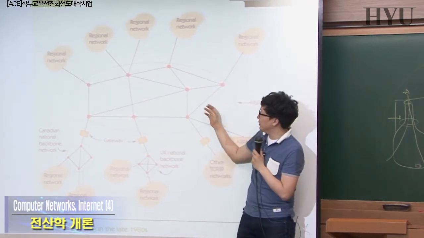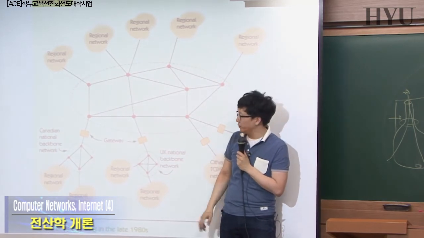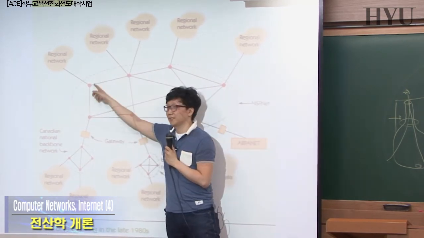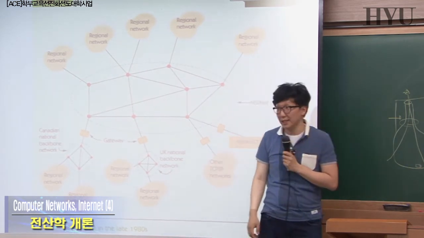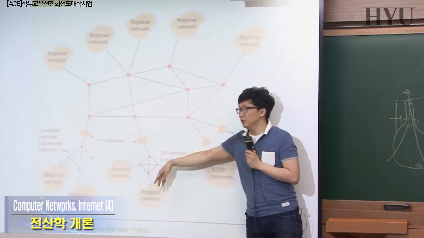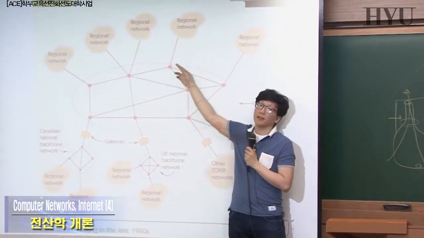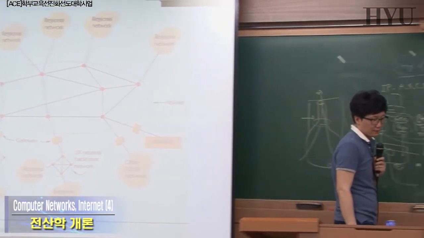But with this architecture, if some of the nodes are gone, some of the edges are gone, then it could find another path over here. That's more important. Something called redundancy. If this edge is removed, I'd still be able to go to that destination. Redundancy is the key part of the stuff.